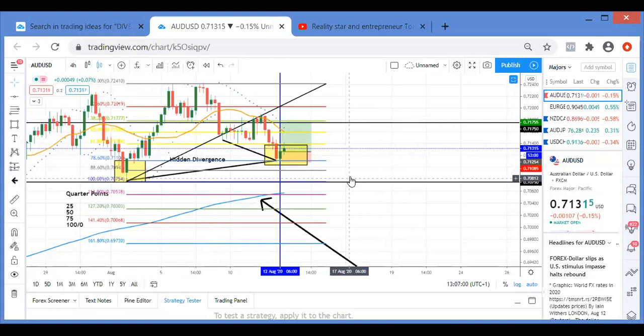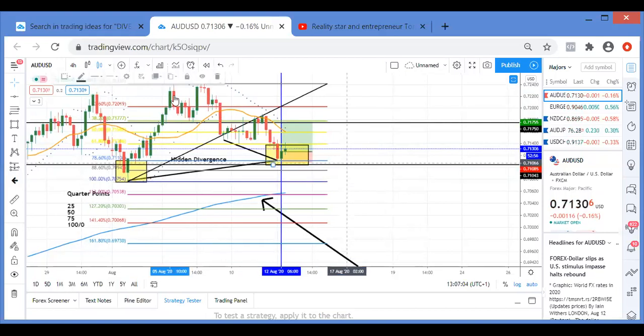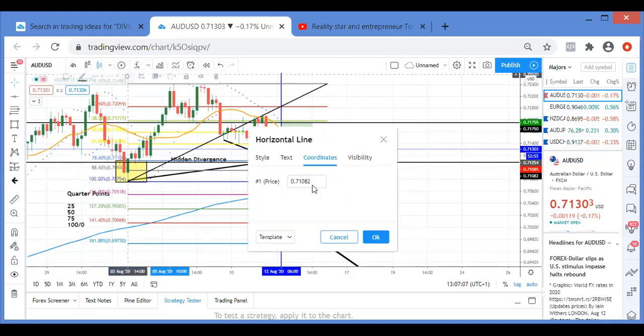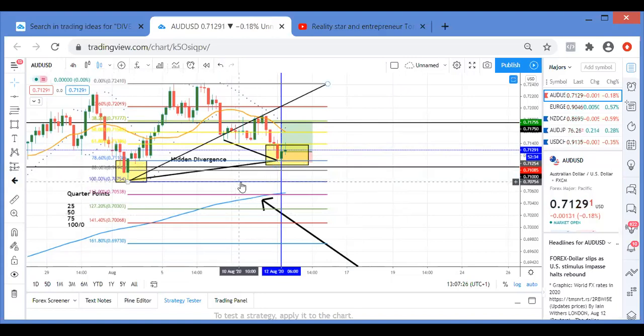Sorry, pardon me. One sec, guys. Sorry, 0.71. Let's do 0, 0, 0. And can you see how it came here? Let me just get rid of this Fibonacci so you guys can see more clearly.